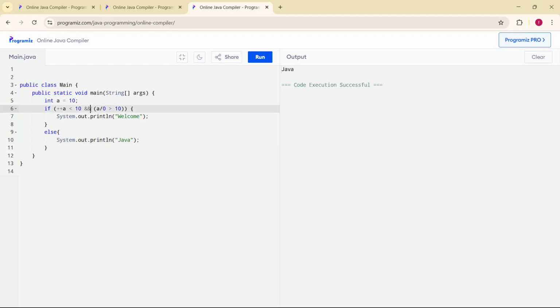But if you replace short circuit AND with bitwise AND, it raises an exception. Because in case of bitwise AND, although the first argument returns false, the second argument also evaluates. So if we run the program, it raises arithmetic exception, divide by 0.